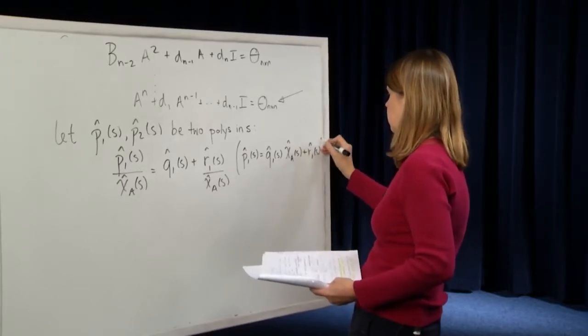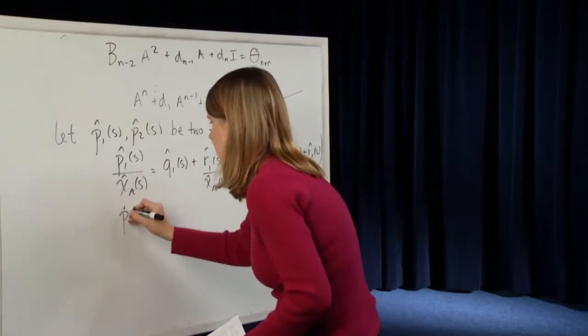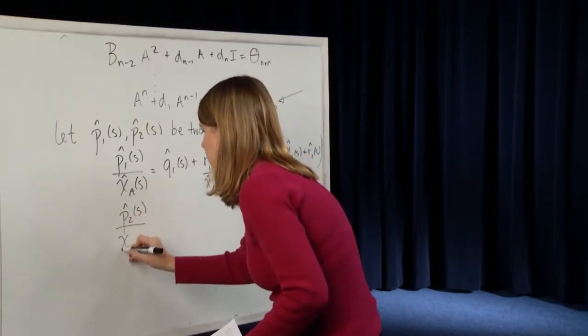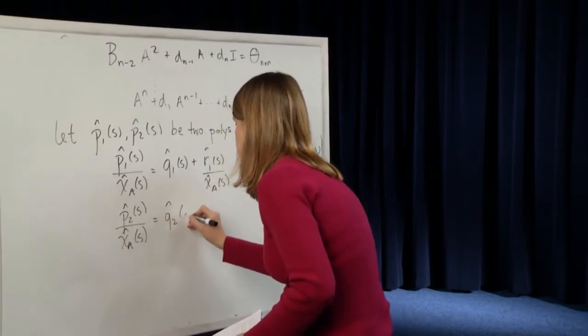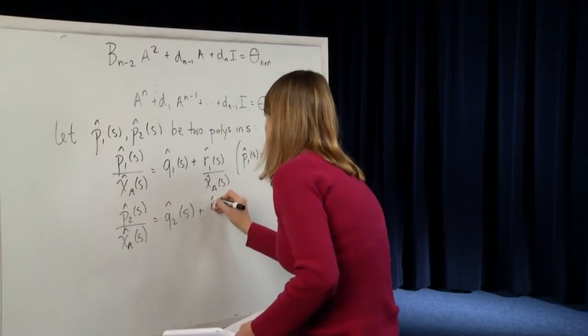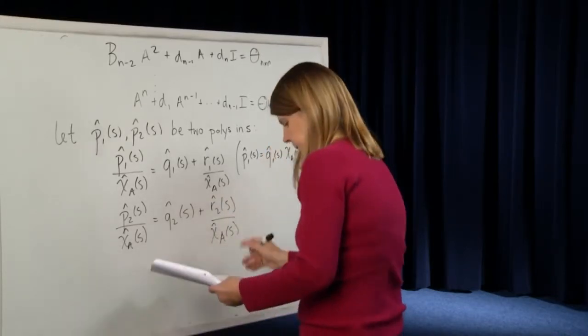Equivalently, I could have just written that. And let's do that with both of them: p2 hat of s divided through by the characteristic polynomial. We'll call that quotient Q2 plus R2 hat of s over chi hat A of s.